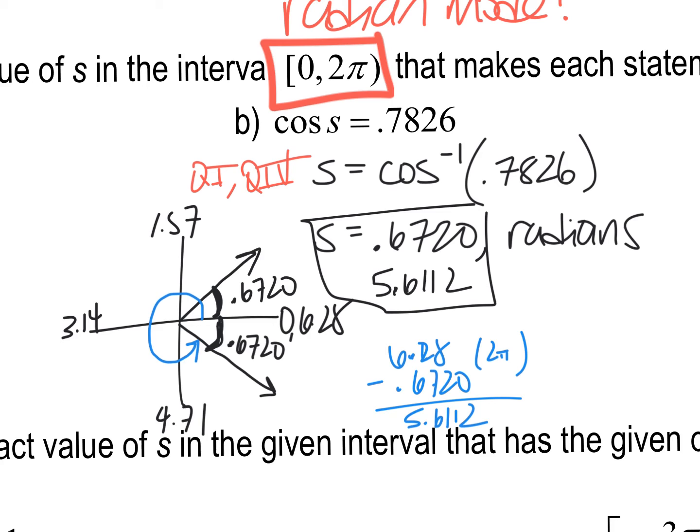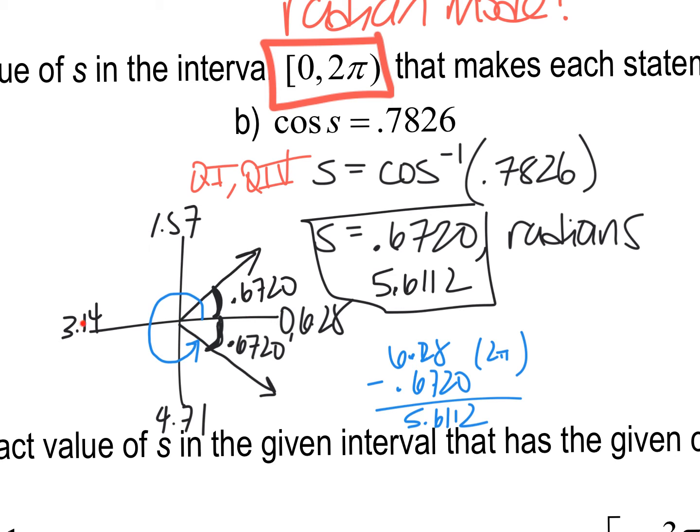Okay, so you have to do the reflection, and then what I would do in order to keep everything lined up and nice and organized is to label where your reference angles are. Those angles have to match, and that helps you figure out, okay, if I start here and go all the way around, it's 0.6720. Some of you might be wondering, why did I not use the 4.71 to do my addition or subtraction or whatever?